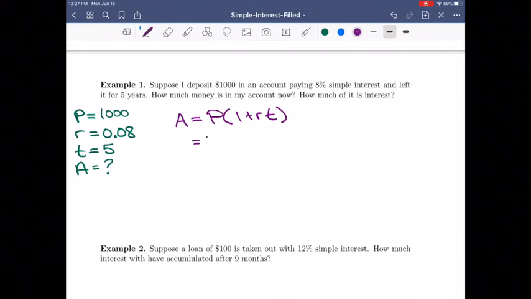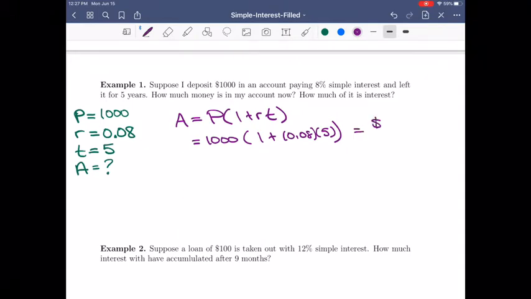So this is going to be 1,000 times 1 plus 0.08 times 5. If you compute that, you're going to get $1,400 even, actually. That's how much you have in your account after 5 years.